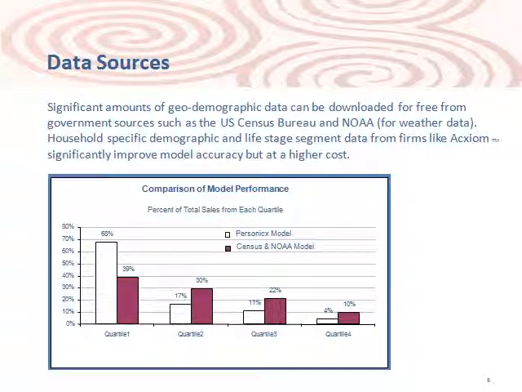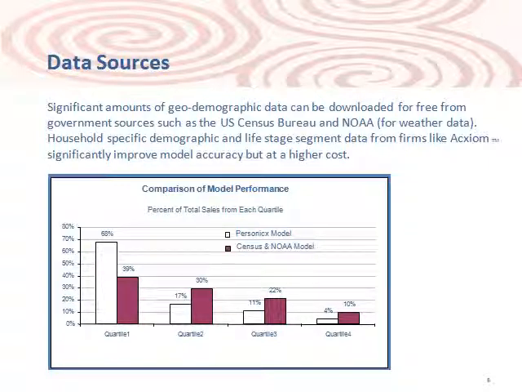In addition to internal sources of information, there's significant amounts of geodemographic data that can be downloaded for free from government sources such as the Census Bureau or NOAA for weather data. In addition to free data from government and other sources that's available online, you can get household-specific data from list service companies like Axiom or Equifax.